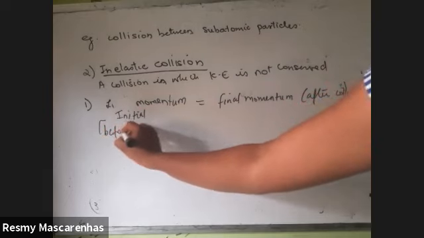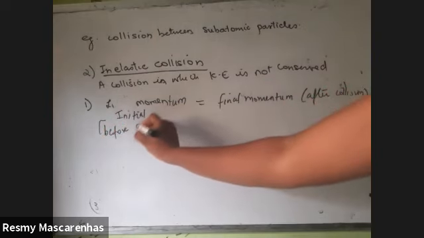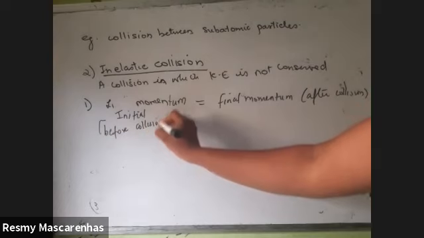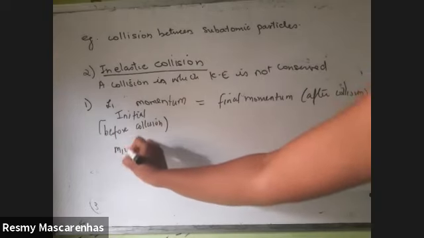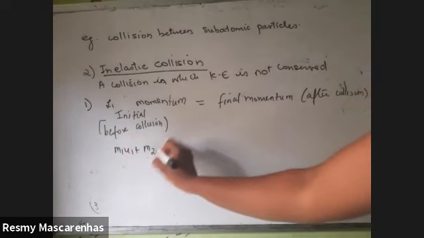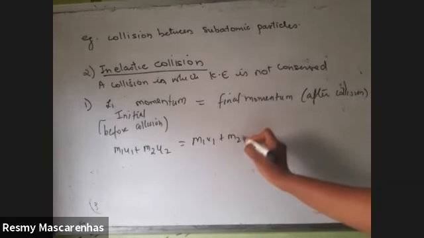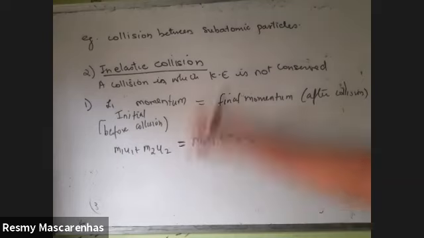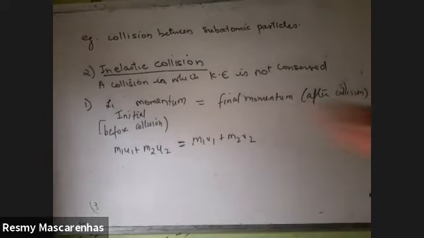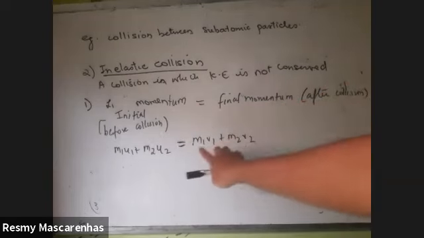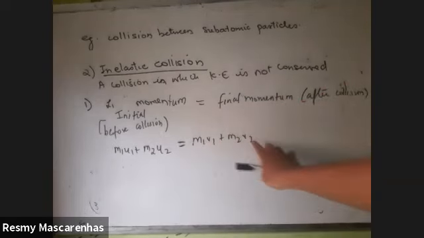This point is same for both: m1 u1 plus m2 u2 is the same as m1 v1 plus m2 v2. So no matter what collision it is, momentum always remains the same.